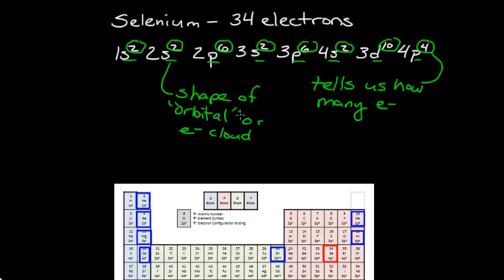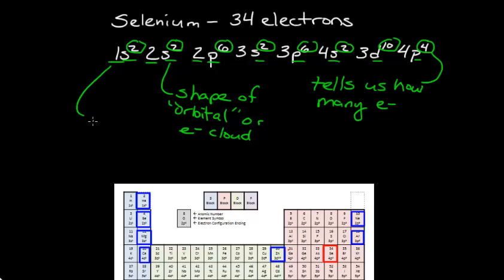So shape of orbital or electron cloud, where an s orbital or s cloud is spherical in shape, and a p would be dumbbell or balloon in shape. And then the last piece of our code, the big number out front. This big number out front, I'm going to call a coefficient. 1, 2, 3, 4. What does that tell us?